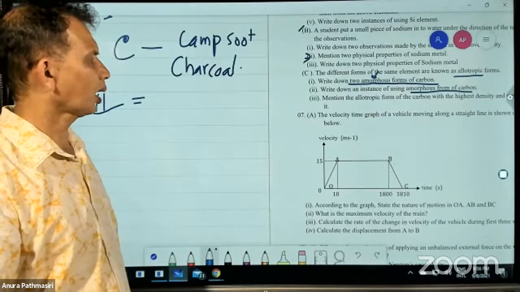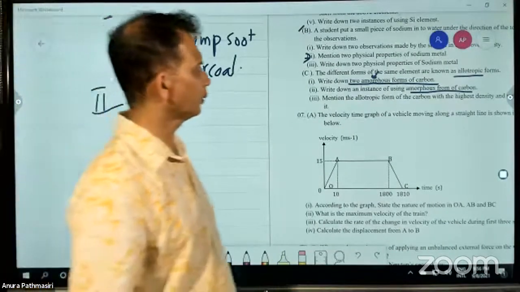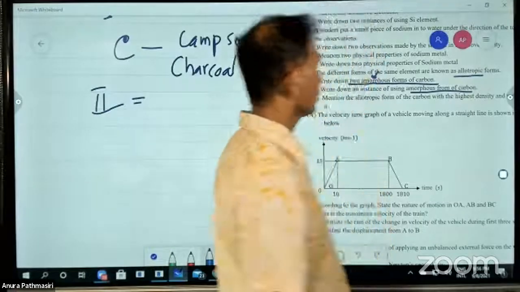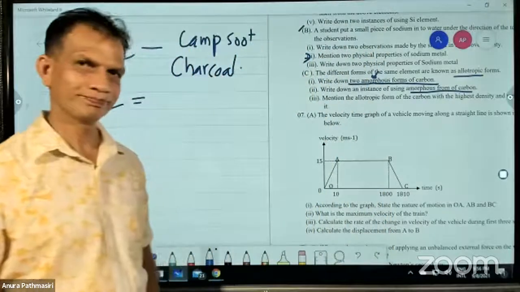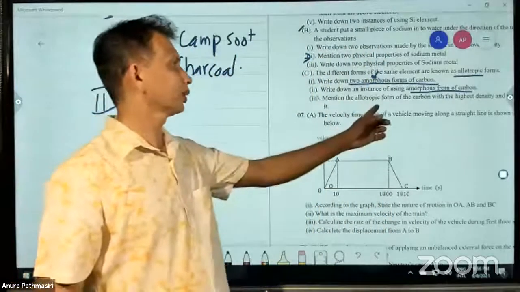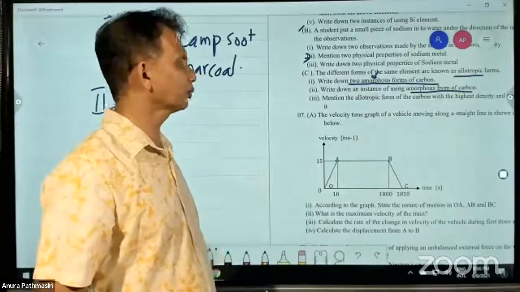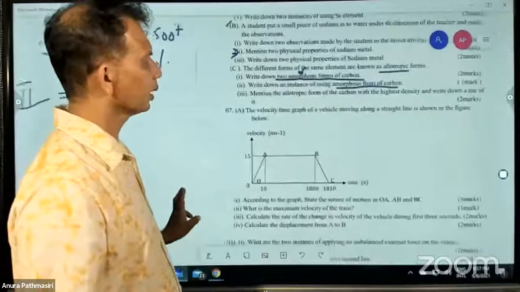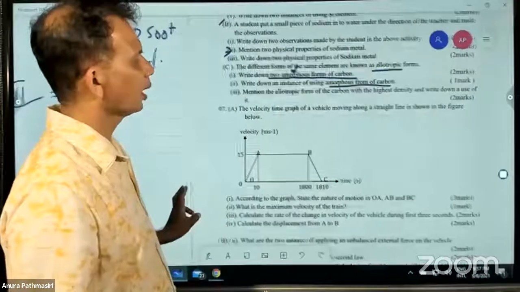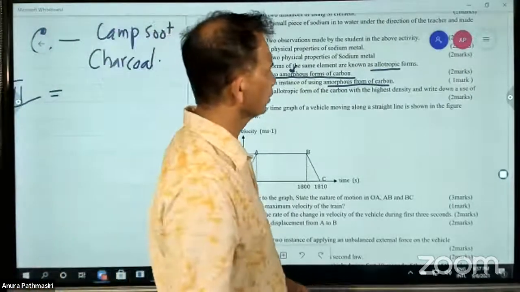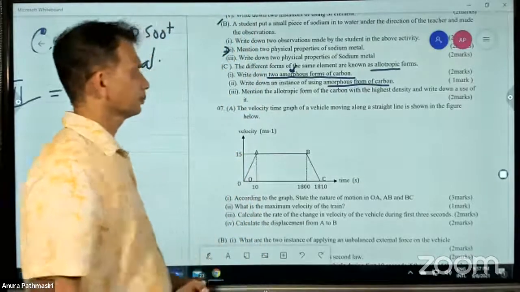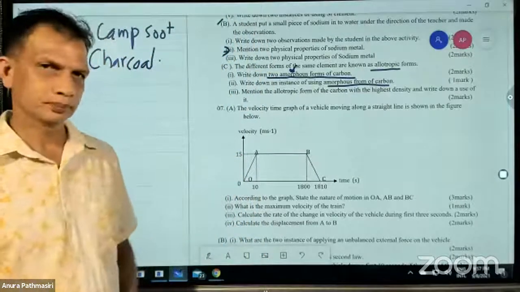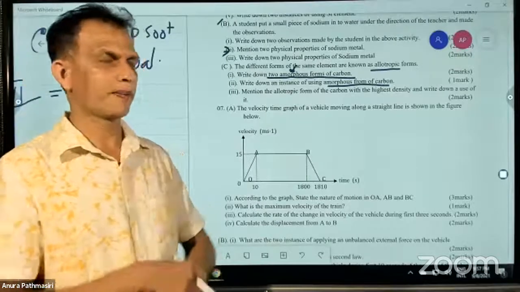Mention the allotropic form of the carbon with the highest density and write down the use of it. Now, what is your answer? Diamond.